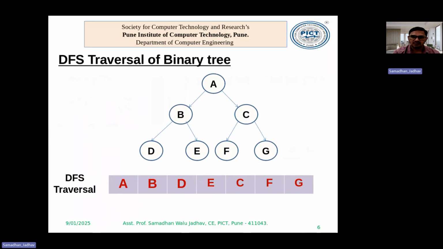So we started from A, then we go into the depth, A to B, B to D, then from D we backtrack to B, then from B we visited E, then we backtrack from E to B, B to A, then again we visited A to C, C to F, and then from F we backtrack to C, and then from C we visited G, and then from G again we backtracked to C and C to A. So A, B, D, E, C, F, G is our DFS traversal.